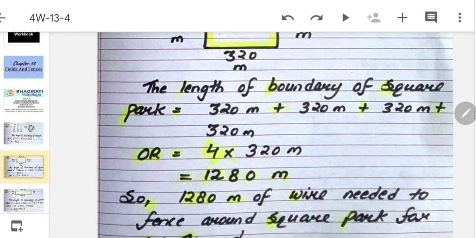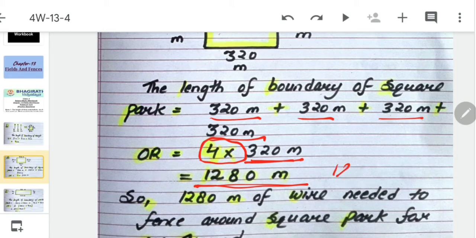So we have two ways. Either we can add 320 four times or we can directly multiply 320 with 4. We will have the same answer. So when we multiply 320 with 4, the product is 1280.